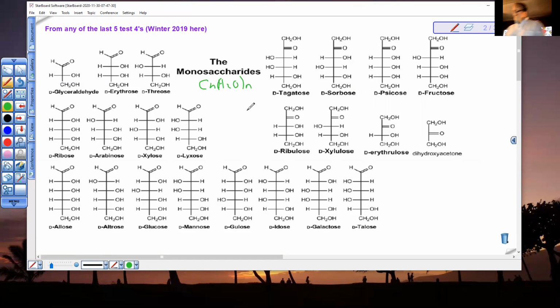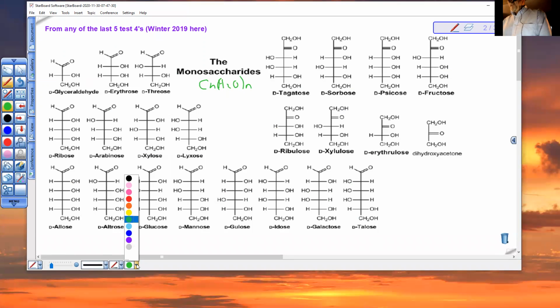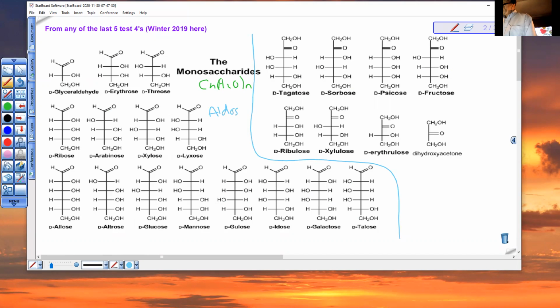On the left side of the page, we have aldehydes. Aldehyde sugars are called aldoses. On the right side of the page, we have ketones. Sugars that have ketone functional groups are called ketoses, and their derivatives are also called ketoses.